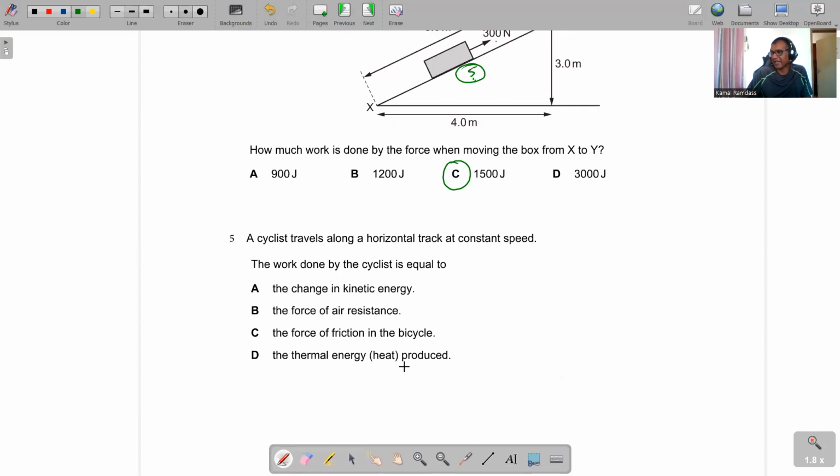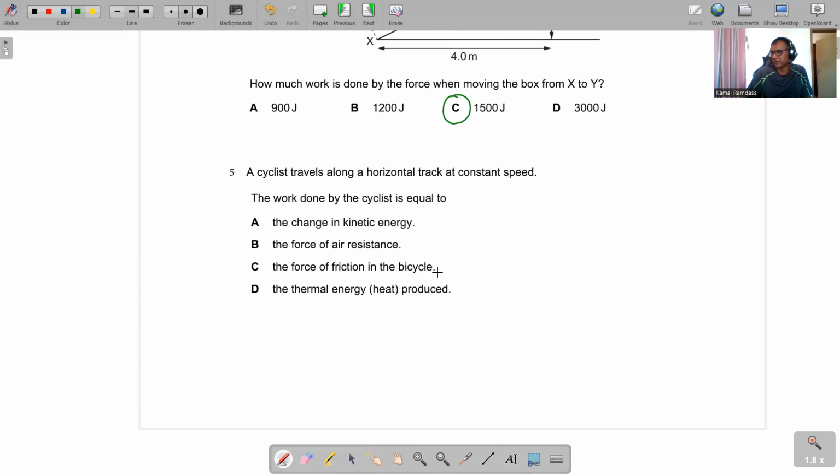A cyclist travels along a horizontal track at constant speed. The work done by the cyclist is equal to the change in kinetic energy. The force of air. Bon, work done n'est pas égal à la force. N'oubliez pas ça.